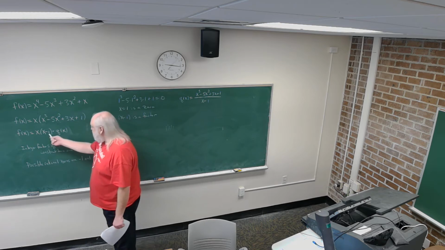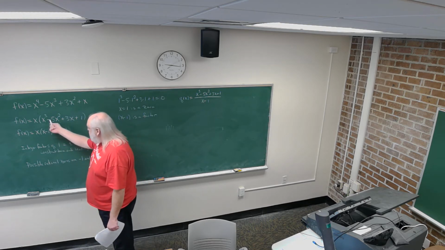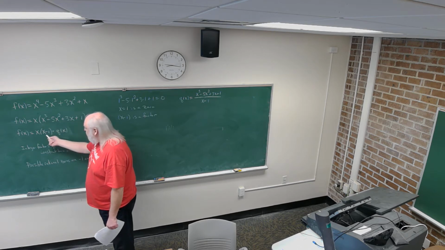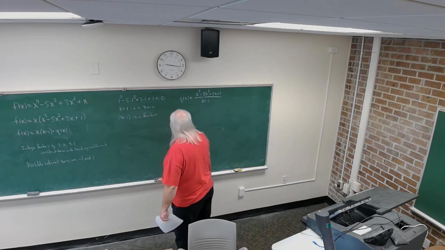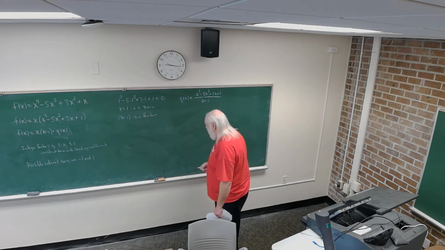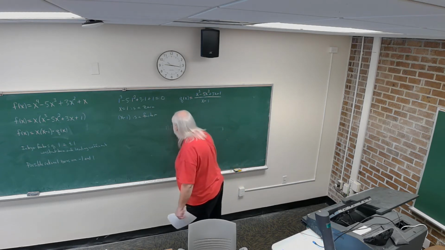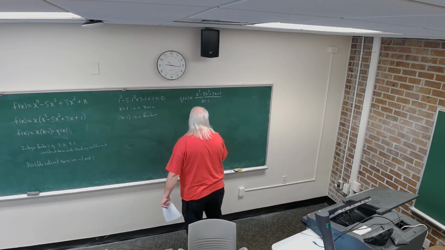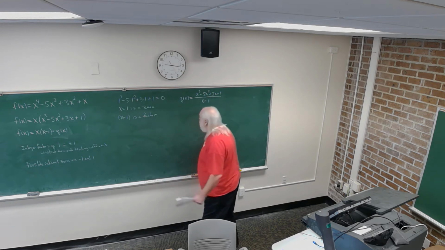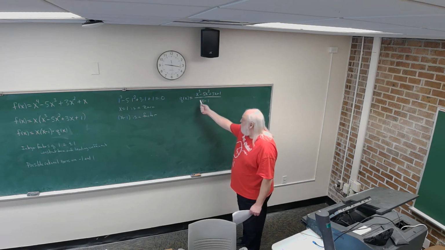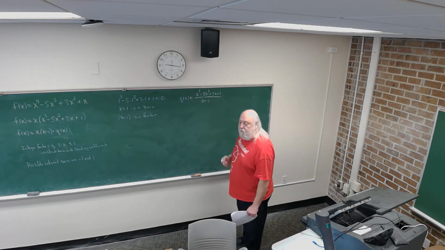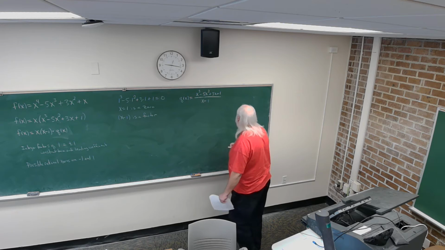Right? X minus 1 times q of x equals this third degree polynomial. So if I divide this third degree polynomial by x minus 1, I get q of x. Okay. Well, x minus 1 is linear, okay? That's x to the first power. So we can use synthetic division, right, to divide this third degree polynomial by x minus 1.